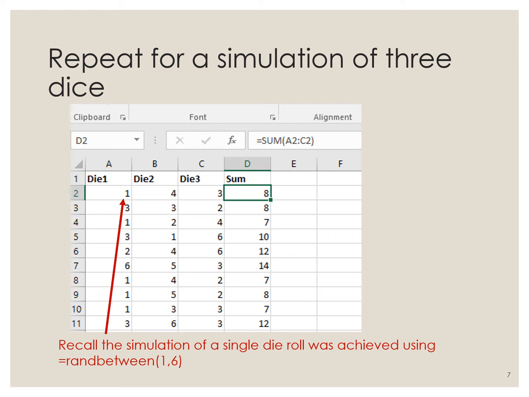So it's 500 times that we are running the simulation, but the simulation involves 3 dice. And then in column D, we are summing the 3 dice. So you can see there in row 2, we rolled a 1, a 4, and a 3, and then the sum was 8.